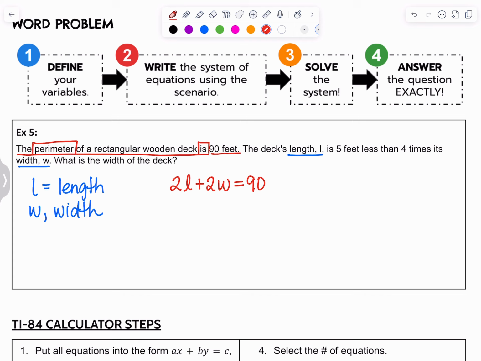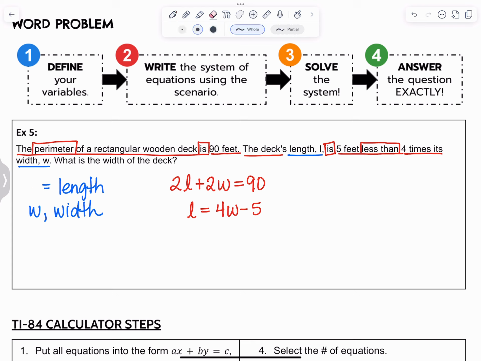So the deck's length is, or equals, so that's telling me L equals 5 feet less than, so that means I'm subtracting 5 from something, 4 times its width. So that means 4W. Okay? So that is my equation, or my system.